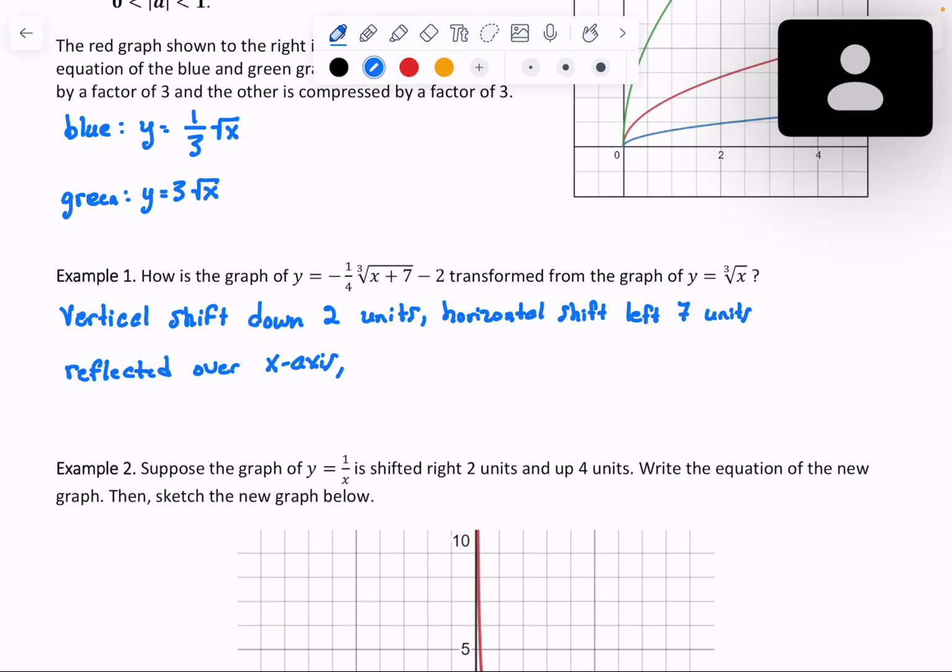And is it stretched or compressed in this case? Yeah, it's compressed vertically by a factor of what? Not a fourth, but just 4.